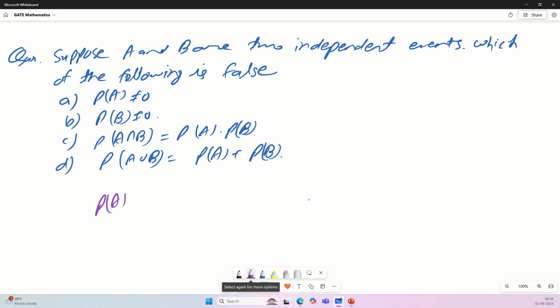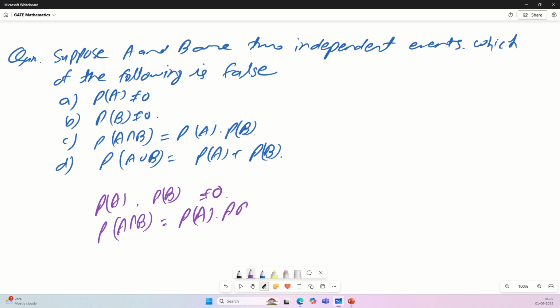It means you know already that probability of A and probability of B cannot be together 0, and at the same time probability of A intersection B is going to be probability of A into probability of B, right? So in that case you will see that probability of A union B is never going to be probability of A into probability of B.